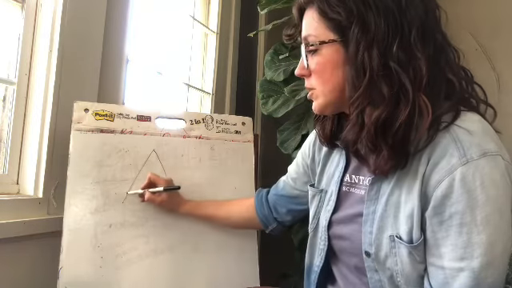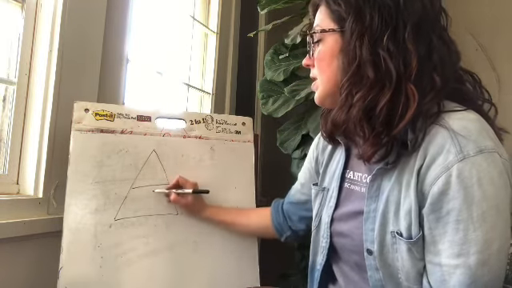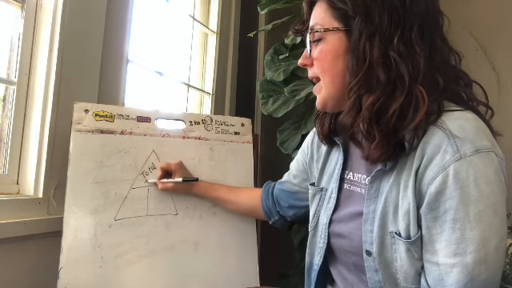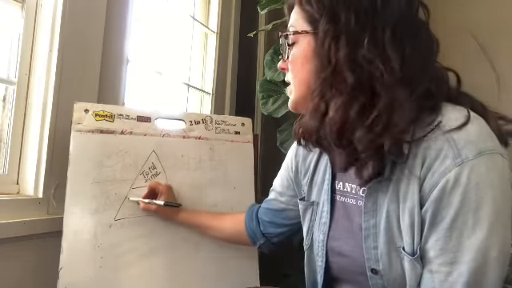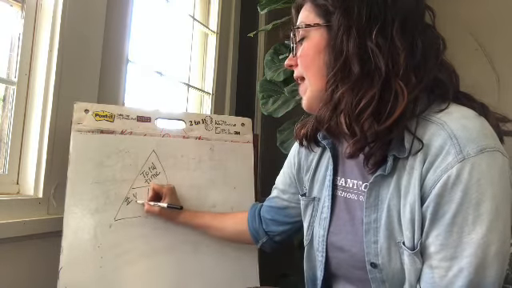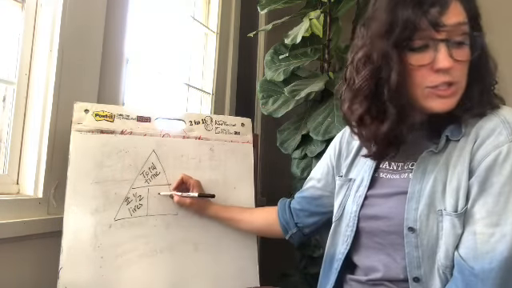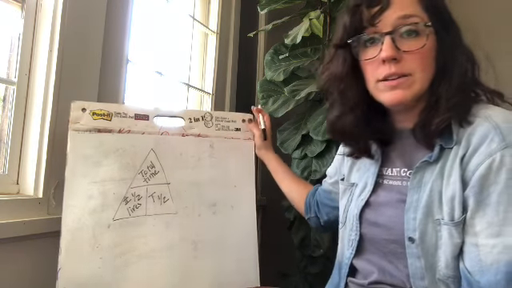Here's where my cheap Expo marker gives out. So, total time. In the bottom two, you have the number of half-lives next to the actual given half-life, all right?